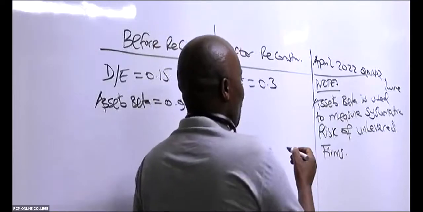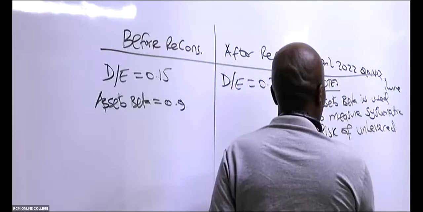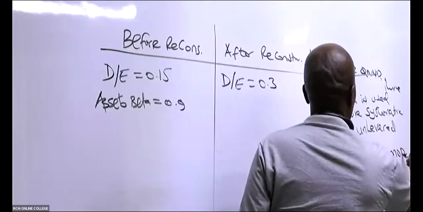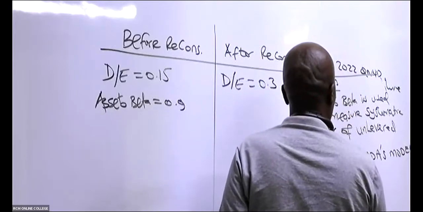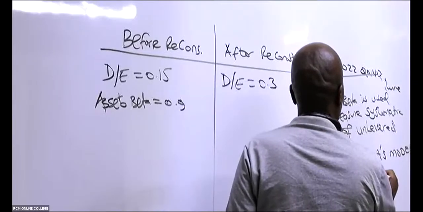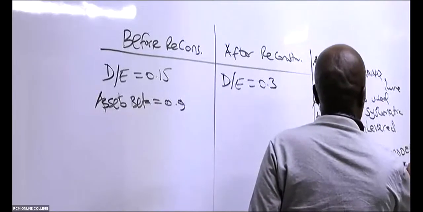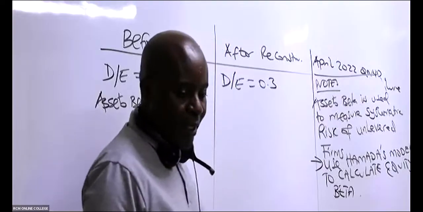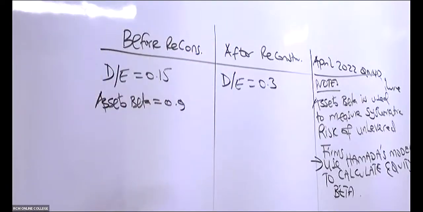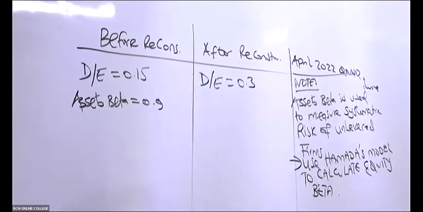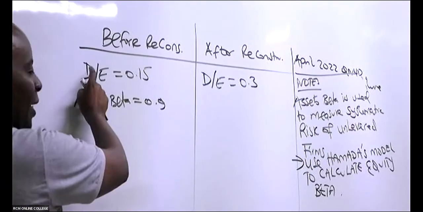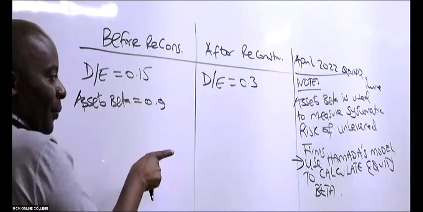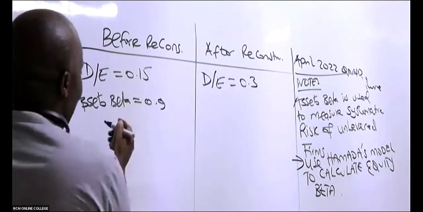So mention there, use Hamada's model to calculate equity beta. Why do I want equity beta? I want equity beta simply because I can see that my companies here have got debt. So equity beta is the one for organizations with debt.